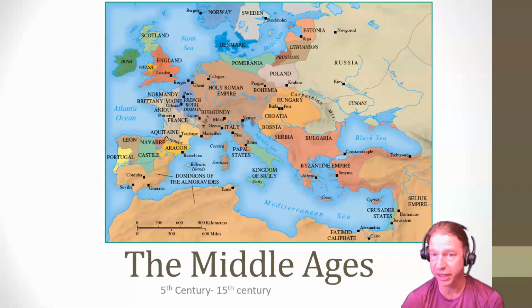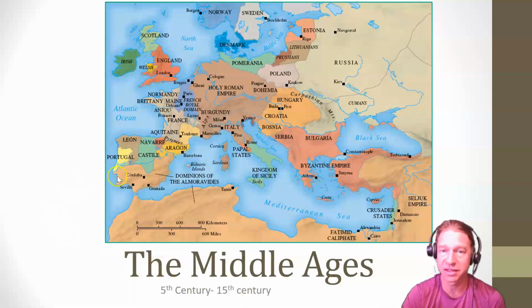The 5th century is usually chosen because this is the century in which Rome, the Western Roman Empire, collapsed. Officially dated typically as 476 CE or AD.